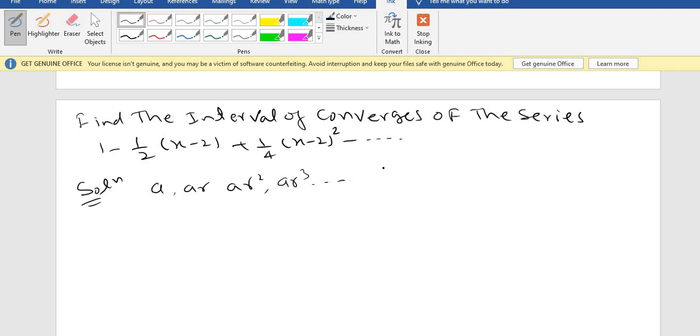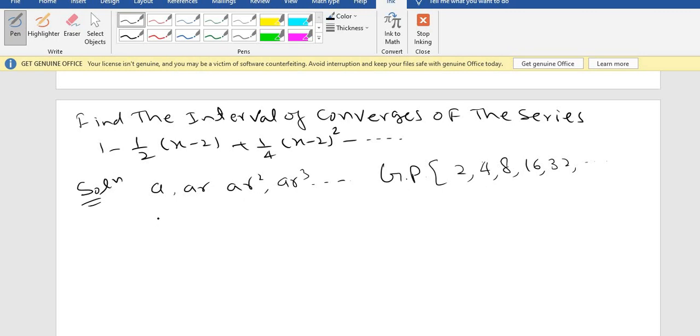Any series written as 2, 4, 8, 16, 32, and so on is called a geometric progression because each term comes from the division of the previous one. 8 divided by 2 is 2, 16 divided by 8 is 2, 32 divided by 16 is 2, so the common ratio is the same everywhere.